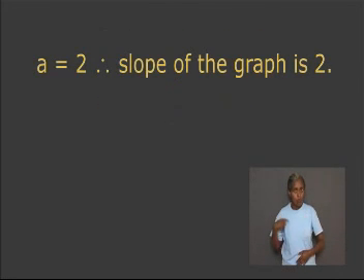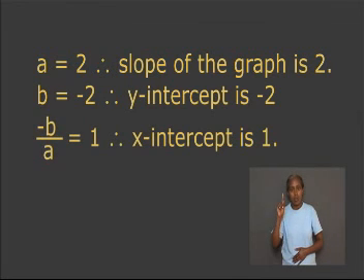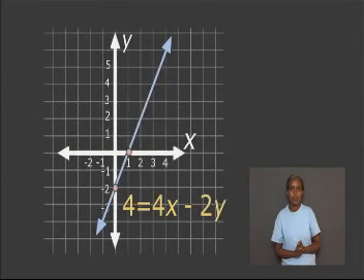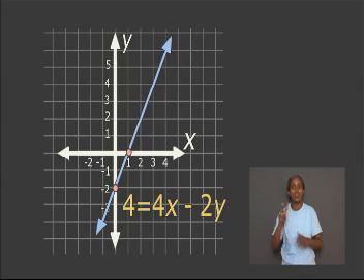Now we can see that the slope is 2. Negative 2 is the y-intercept, and 1 is the x-intercept. Your graph should have points at (1, 0) and (0, -2). Did your graph look like this one? Great work, students.